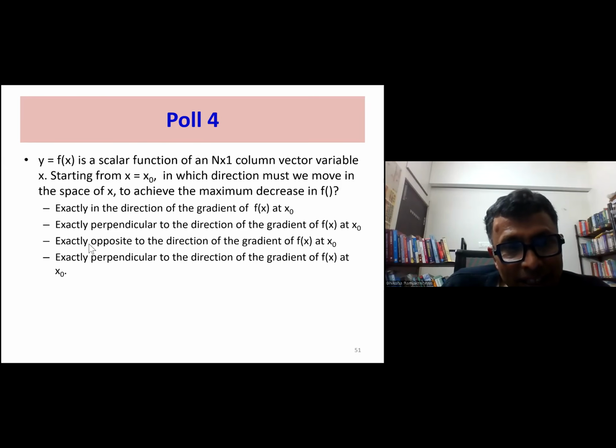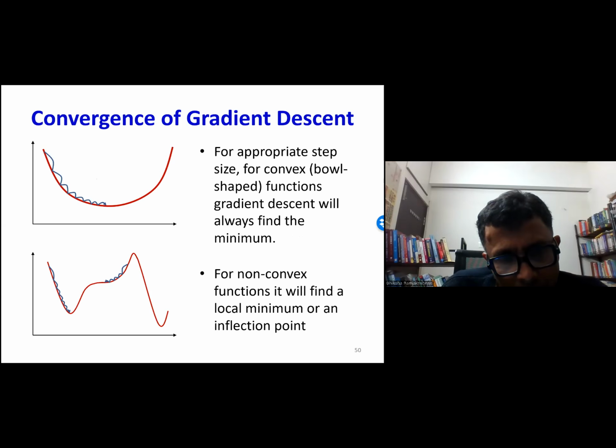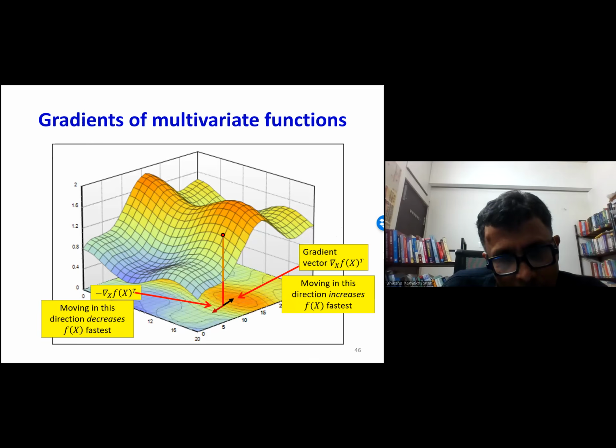C, you want to always take a step exactly opposite to the direction of the gradient, right? So what was the question? I think I may have missed it, but you explained that the direction of the gradient is the direction of maximum increase, but how is it intuitive that the direction opposite to the gradient is the direction of least increase?